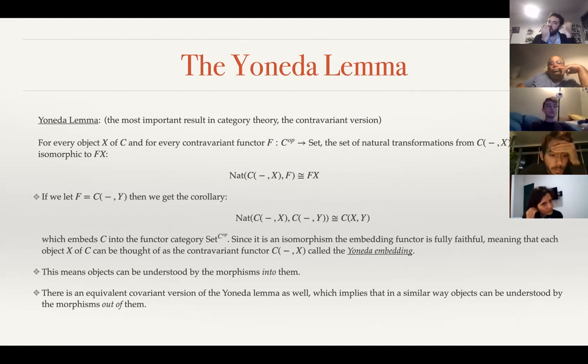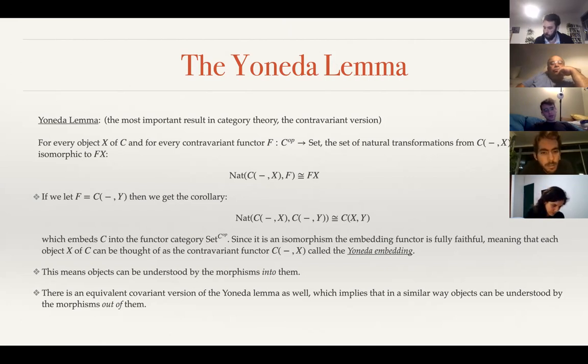And this is the sense in which things are called natural, where you take all of the arrows. I'm plugging in an object, getting all the arrows between that object and X, and taking the natural transformations from that to the functor. What it says is that they're isomorphic.